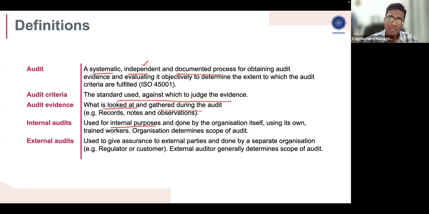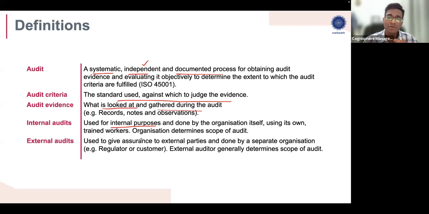So before that, like 2 months before, you do an internal audit to check whether your system is ready for an ISO audit. So that could also be one of the reasons for an internal audit. Or in general, you want to ensure your systems are effective or not. For that, you carry out an internal audit.